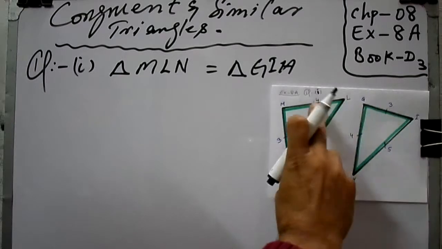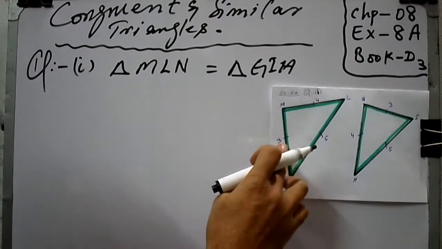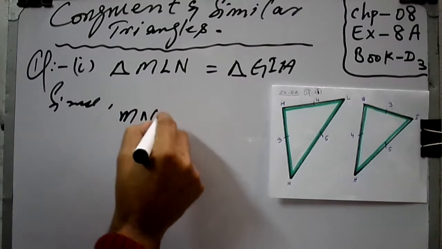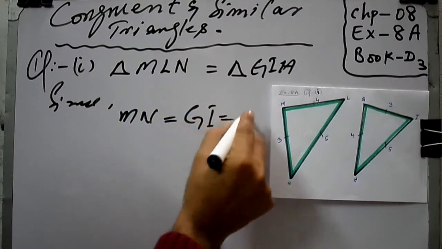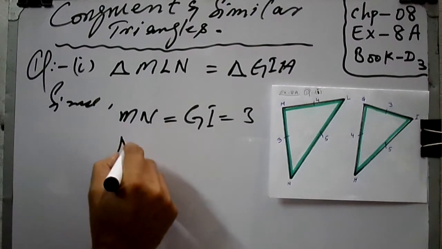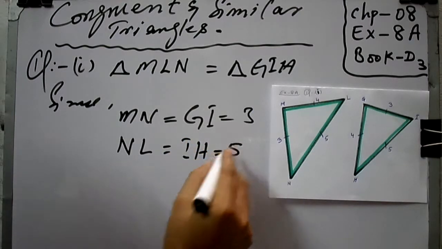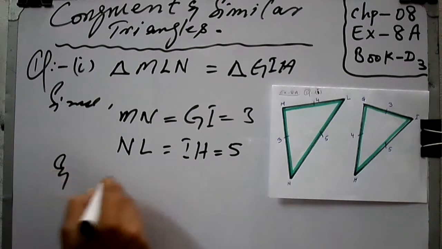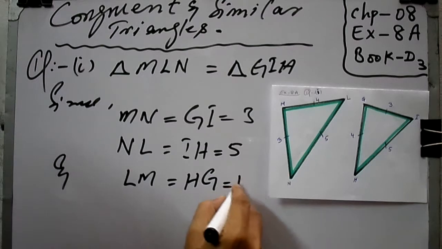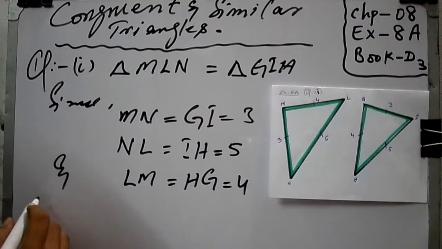If I rotate this triangle and place it on this triangle, it means this side is equal to this side. So we can say that since MN is equal to GI, that is equal to 3. Similarly, we can say that the other side, NL, is equal to IH, which is also equal to 5. And another side, LM, is equal to HG, which is equal to 4. So we can say that these triangles are congruent to each other.